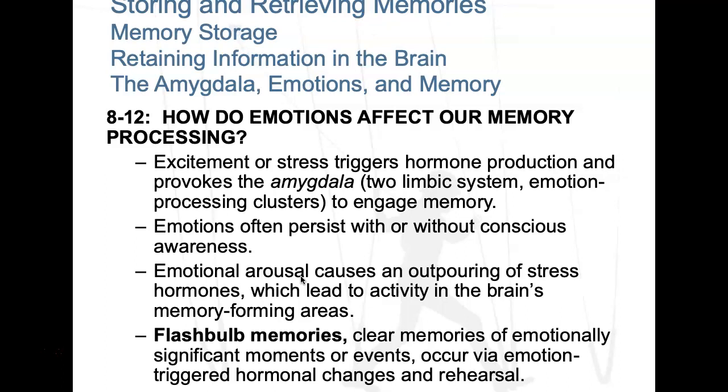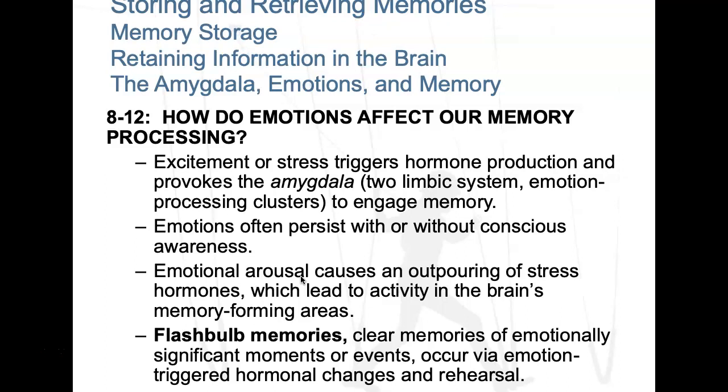With flashbulb memories, it's so vivid to you, it's like it just happened, and it holds some type of emotional significance. Some things that may fall into that category could be how someone experienced learning of a death, where they were, how they felt. And it can bring on real emotion even when they're thinking about or reliving that memory.